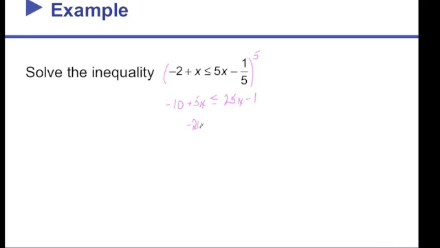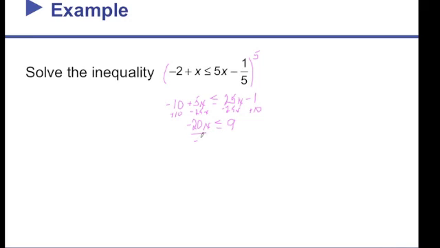That will give me a negative 20x, subtracting that 25x from both sides. And I will add 10 to both sides to get the constants on the other side. I did an add or subtract, so it still stays the same inequality symbol, and negative 1 plus 10 is 9.